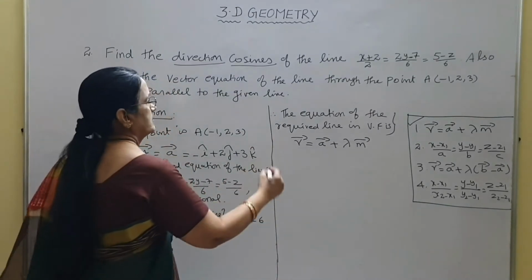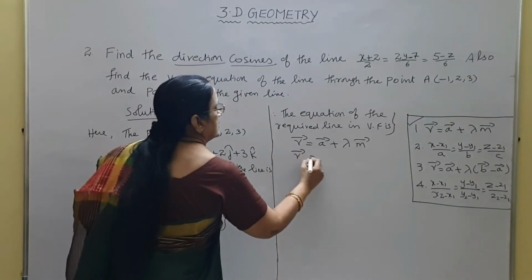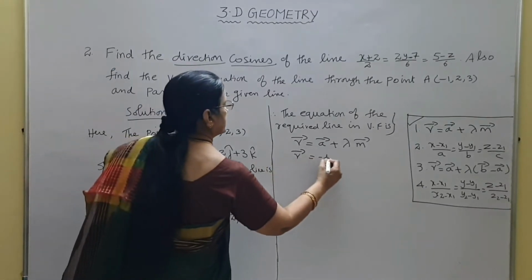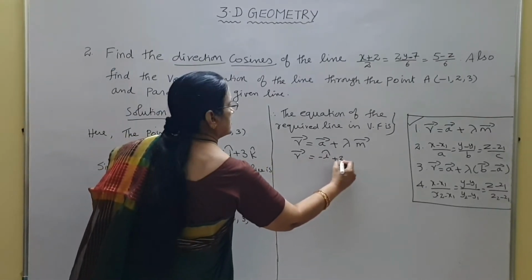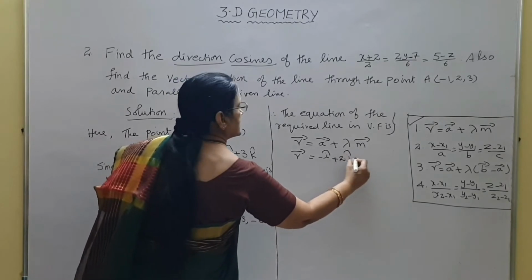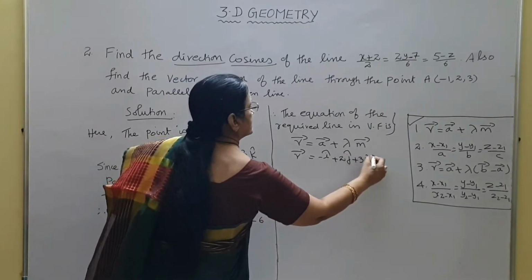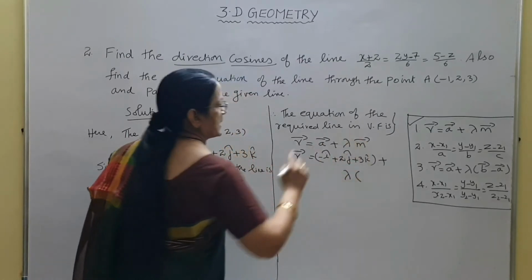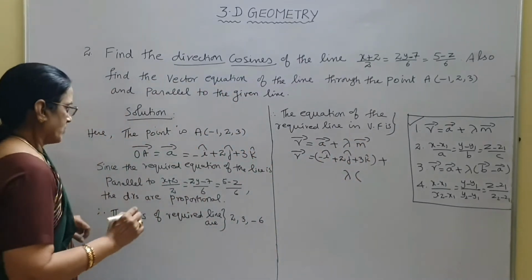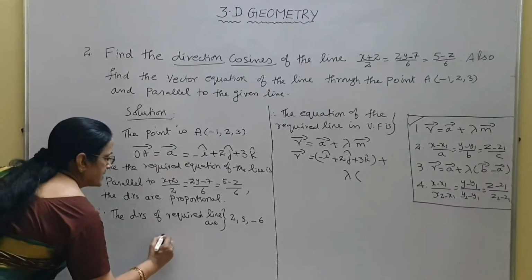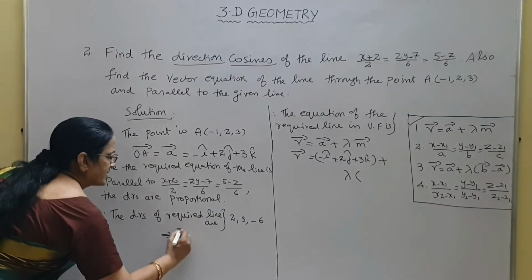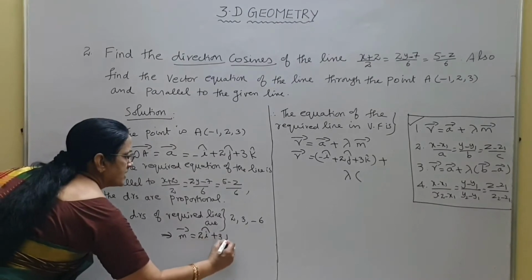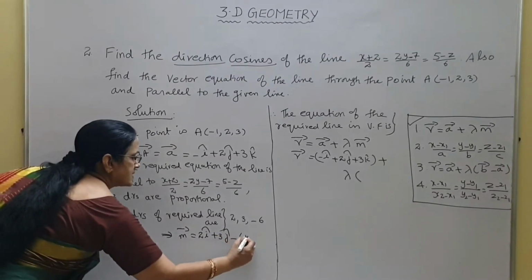Here, your a vector is nothing but minus i cap plus 2j cap plus 3k cap plus lambda times m vector. Okay, let me write here itself. This implies m vector is nothing but 2i cap plus 3j cap minus 6k cap.